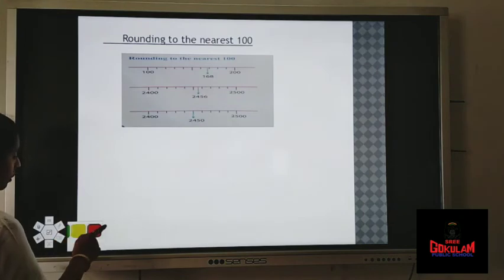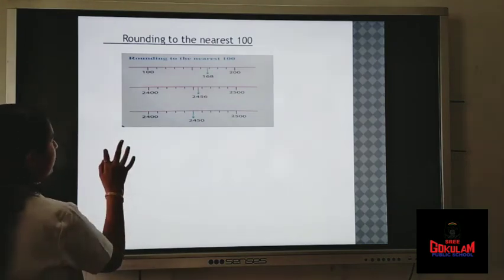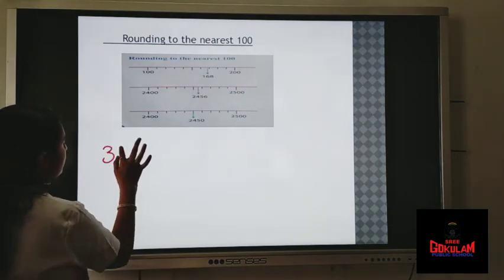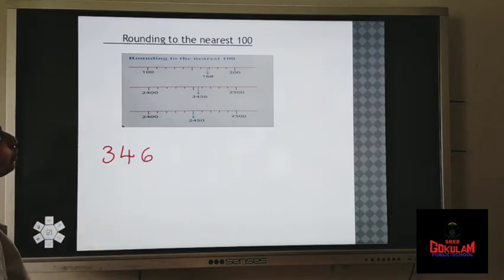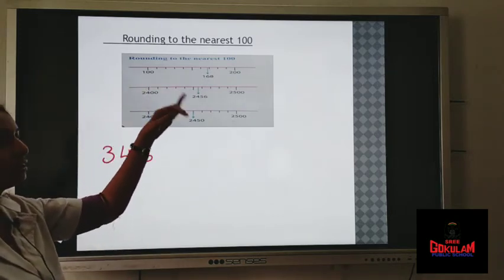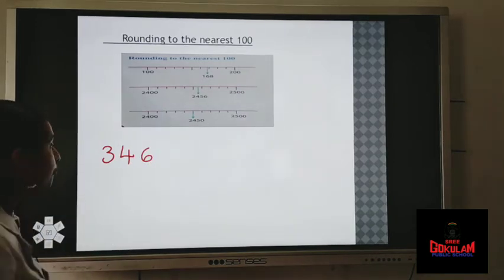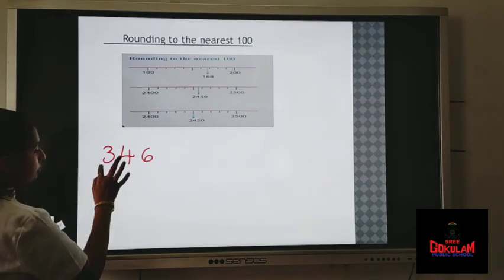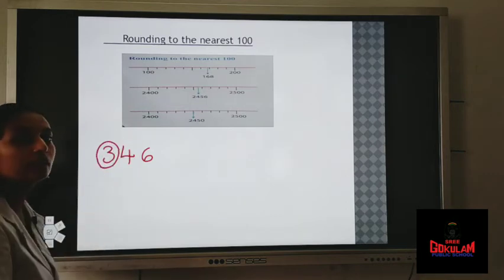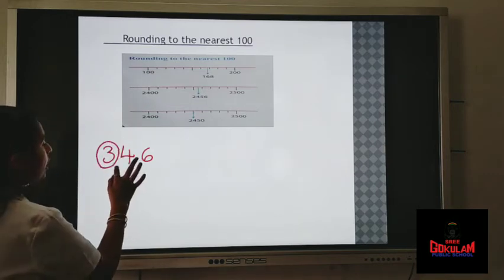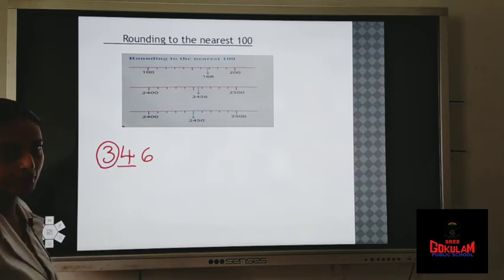I will tell you more examples. Suppose we have the number 346. We want to round to the nearest 100. So we have to check the hundreds place. Circle the hundreds place and underline the tens place.